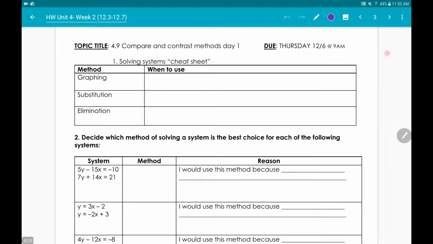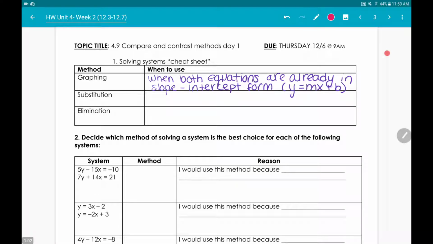So when we want to graph them, it's when we want a visual display or when both equations are in slope-intercept form already. And remember, slope-intercept form is y equals mx plus b.